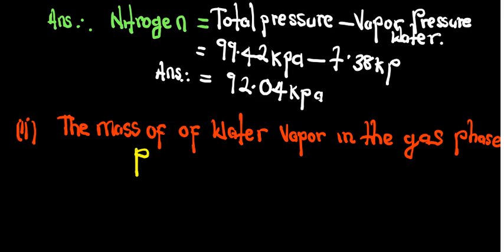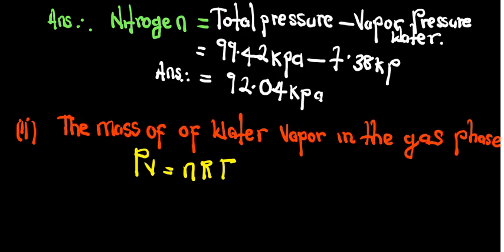That is PV equals nRT. Okay, the P is the pressure, the V is the volume, the n is the number of moles, the R is the gas constant, and the T is the temperature. So we first need to find out the number of moles.